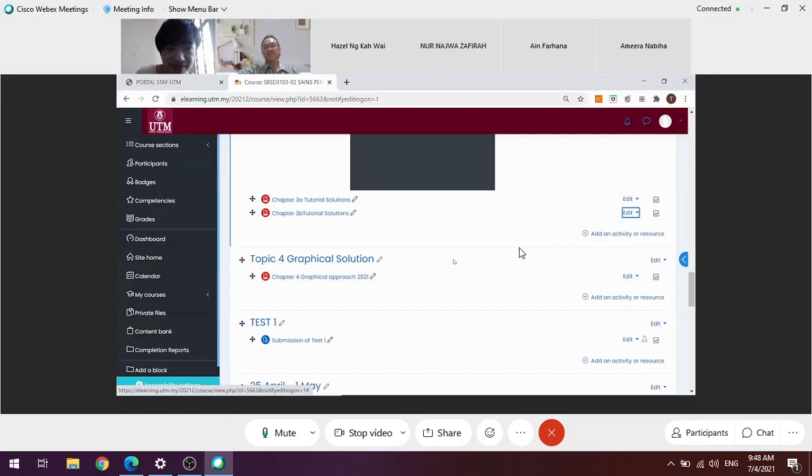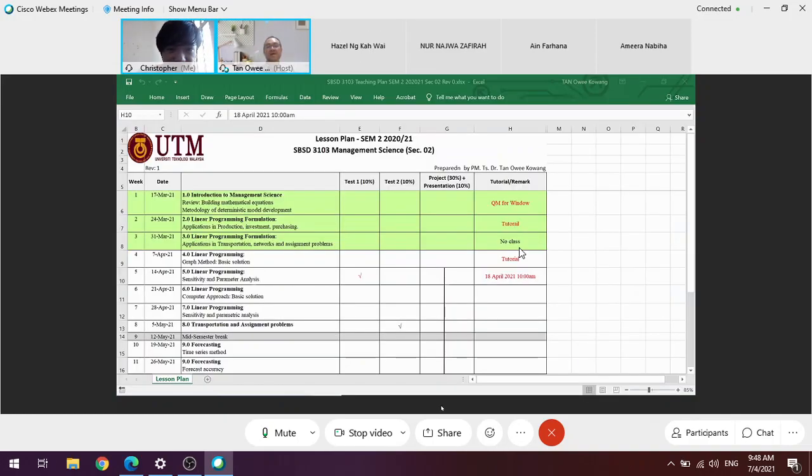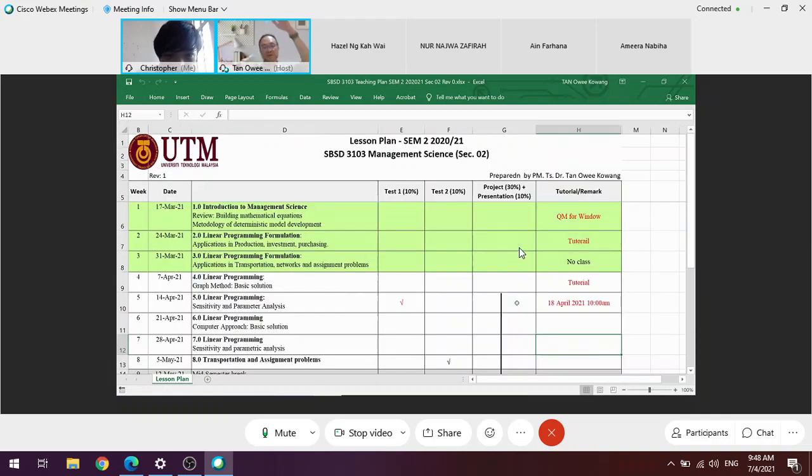Before we scan for the attendance, there's last thing I want to discuss. Remember we should have our test. Test ni saya nak buat sekali dengan section 1. Sunday, do you have the class on Sunday? Ada.